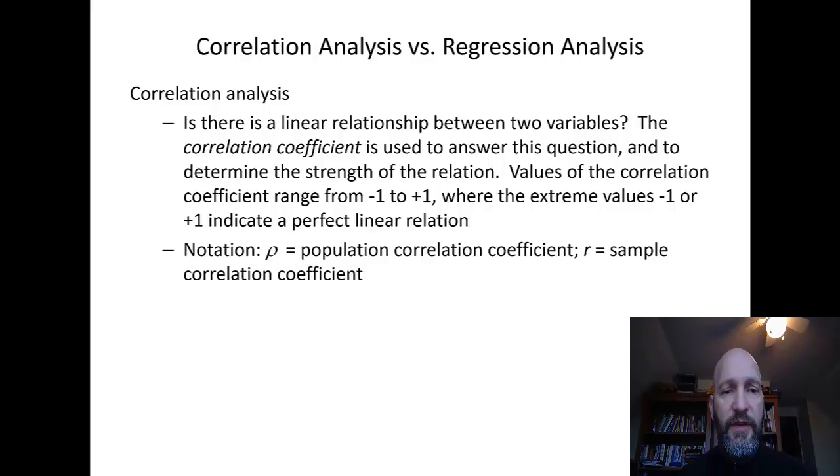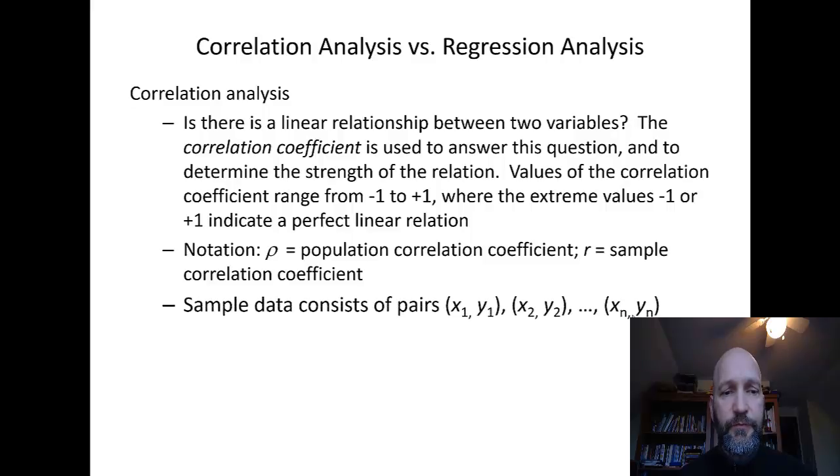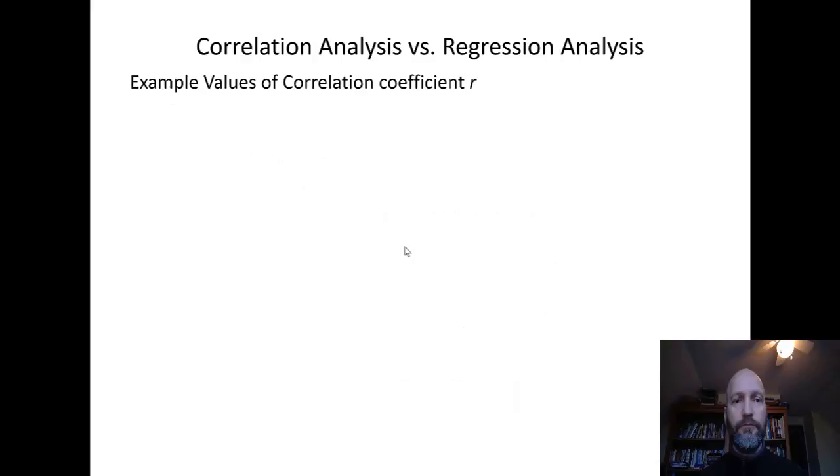The notation that we use is rho for the population correlation and R for the sample correlation. Our sample data consists of ordered pairs, so x1, y1, x2, y2, and so forth. And the sample correlation can be calculated using this formula, which is kind of messy and not easy to plug into a calculator. So we're going to let the software handle that for us.